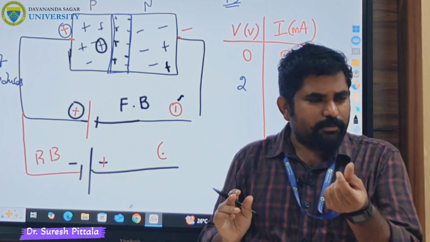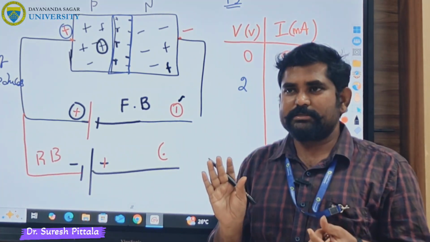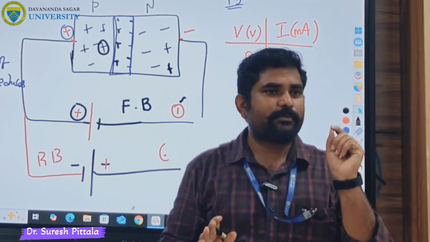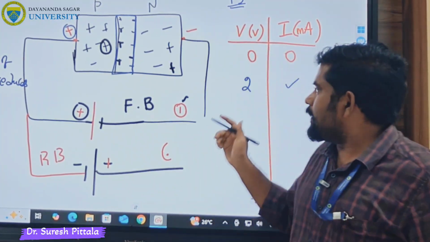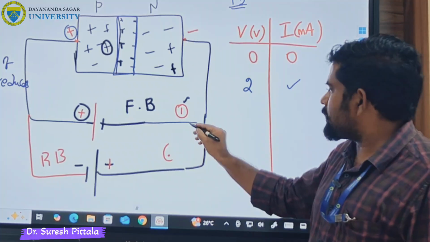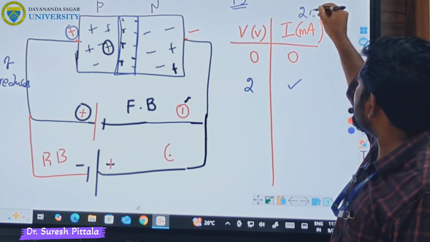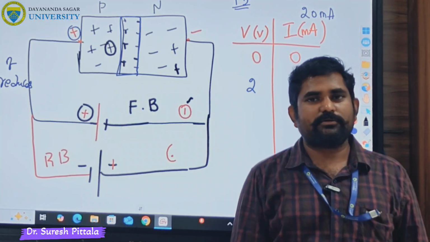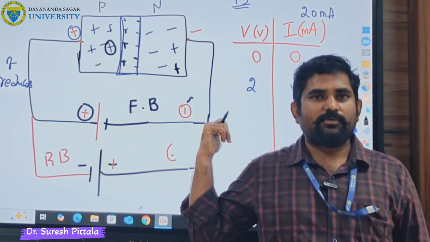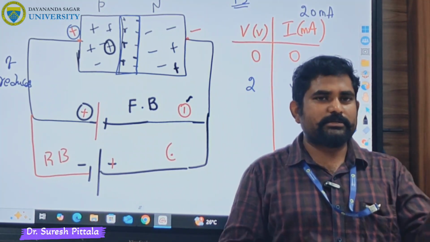So you have to increase slowly, don't increase abruptly. Maintain a minimum gap of 0.1 or 0.15 like that. But in any case, in forward bias don't exceed more than 20 or 30 milliamps. Keep that in mind for the safety of the Zener diode. Once you see a current of 20 milliamperes, you stop increasing the voltage.